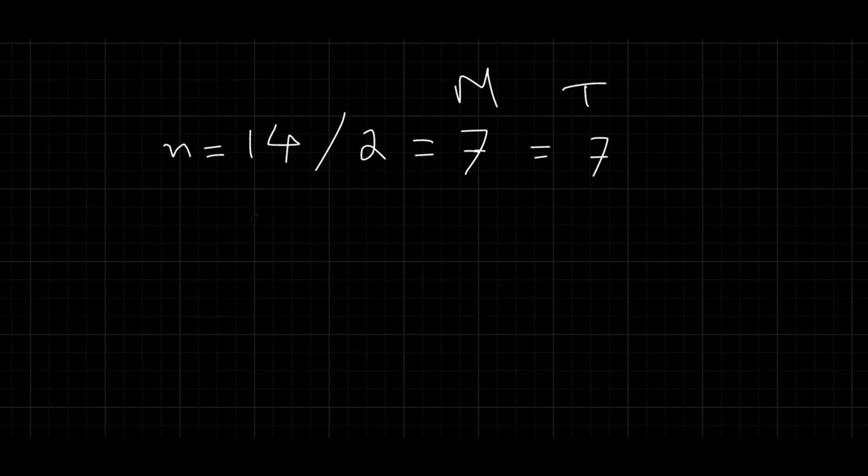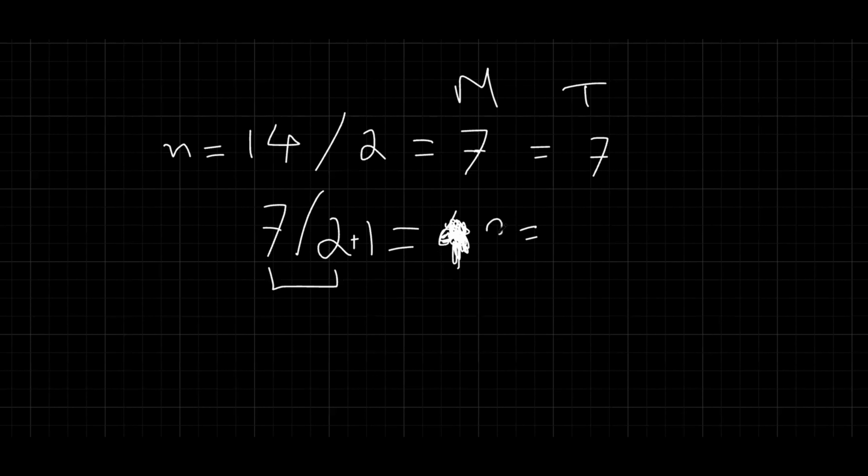Now as the teams are 7, there is a mistake. Here, the total number of matches will be 7 divided by 2, which is 3. And the teams advanced will be 3 plus 1, which is 4.